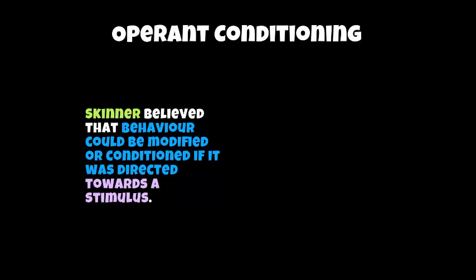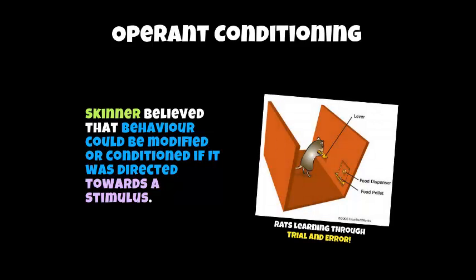Now Skinner essentially provided some rats a conditioned box, if you like, and the rats would live in the box, and inside this box, as you'll notice, there was a lever and a small food dispenser with plenty of food for the rat.